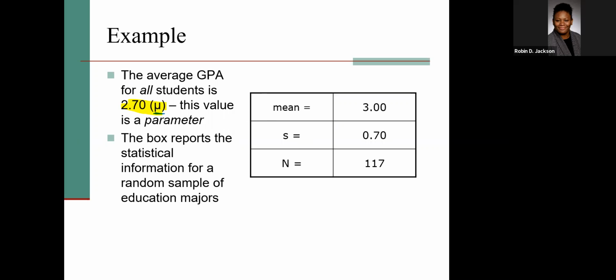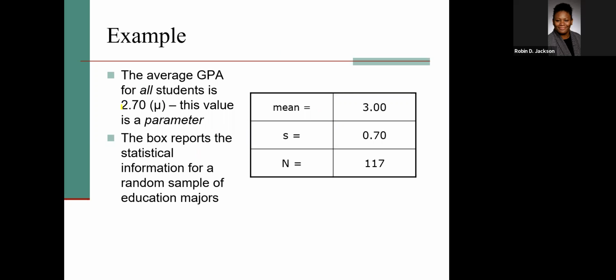The sample has a mean of 3. The sample standard deviation is 0.70, and the number of people taken in the sample is 117, okay? So this is the information you're going to need in terms of the population and the sample. Again, I'm not going to go through all the information for the problem that was on the previous slide, but I must have accidentally erased everything.